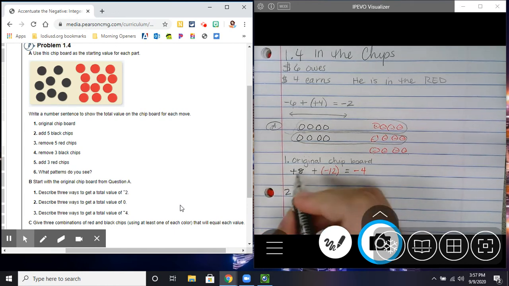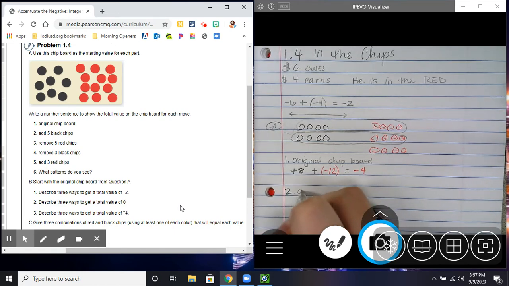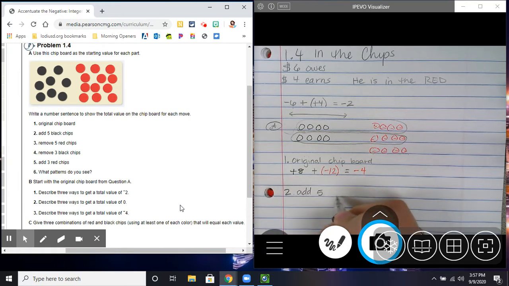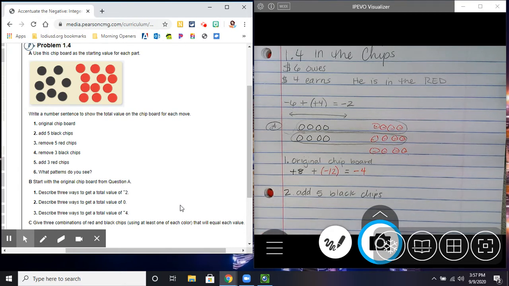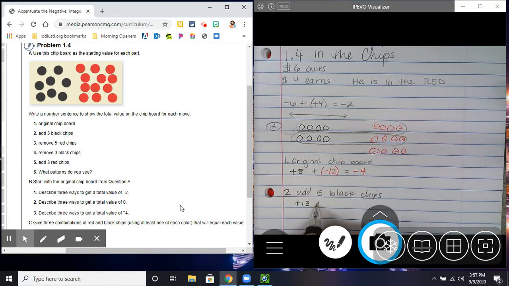Number 2, it says add 5 black chips. I'm not going to redraw it every time, because I'm way too lazy to do that. But I know that there are 8 here, and if I add 5 more, I'm going to end up with 13 black chips, and I'm going to keep the same amount of red chips.